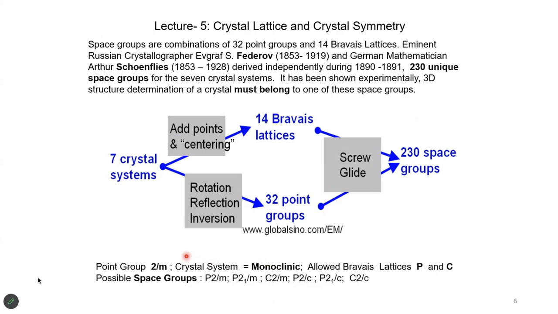But I just showed an example that if a point group is 2/n, the point group belongs to monoclinic system, and we know monoclinic system has got only 2 lattices, P and C, nothing else, and therefore with this point group and the lattice type, we can have these 6 space groups for this particular example.